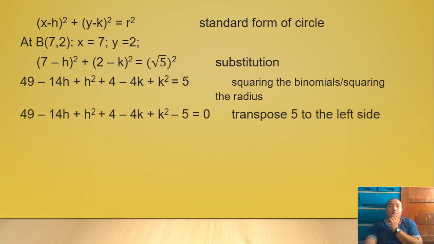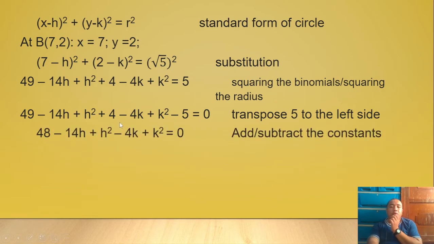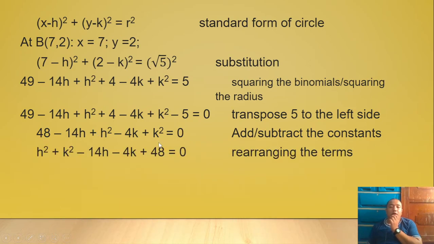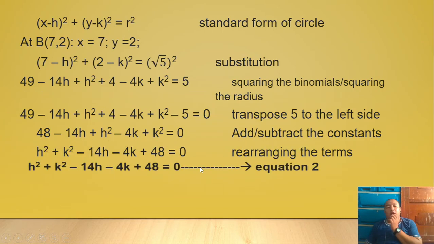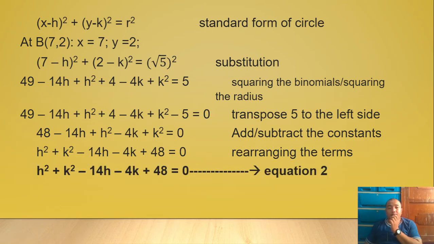Then transpose 5 to the left side of the equation, so it becomes minus 5. Then add or subtract the constants. 49 plus 4 is 53, minus 5 is 48. Then rearrange the terms. Start with h squared, followed by k squared, minus 14h minus 4k plus 48 is our equation number 2. Okay?